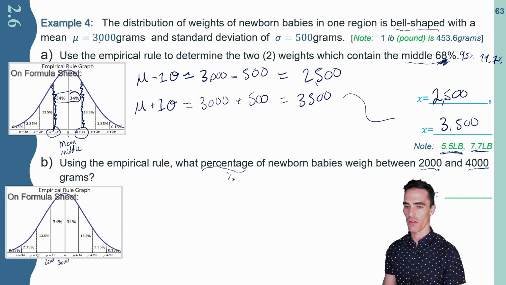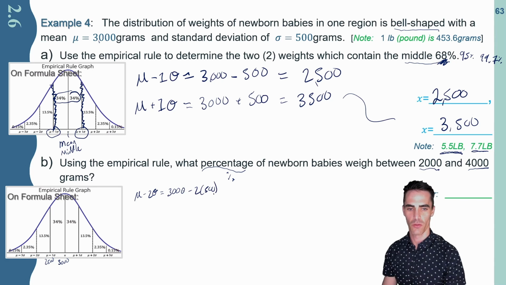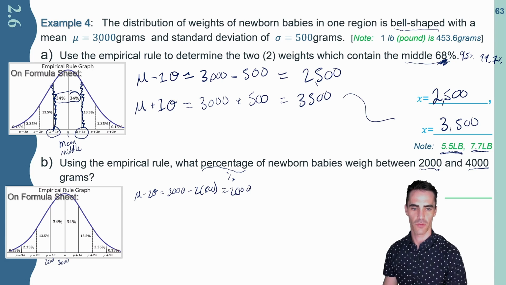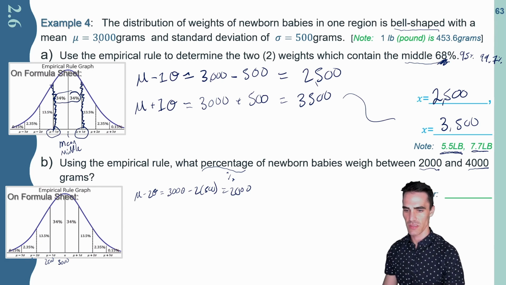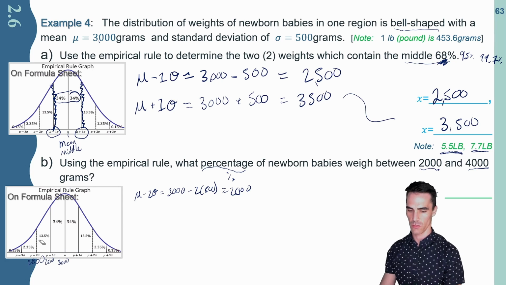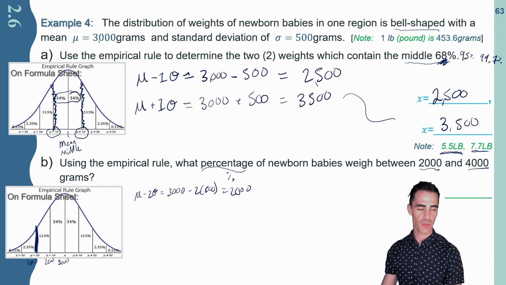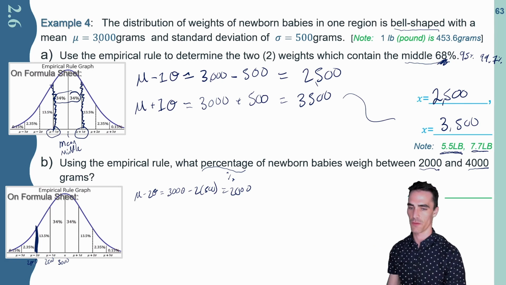If I subtract another 500, so the mean minus 2 standard deviations, that will equal 3,000 minus 2 times 500, which will be, this number is familiar, 2,000. That's what the mean minus 2 standard deviations is representing, 2,000. And so this is that first endpoint they're speaking of. Again, 2,000 to 4,000.